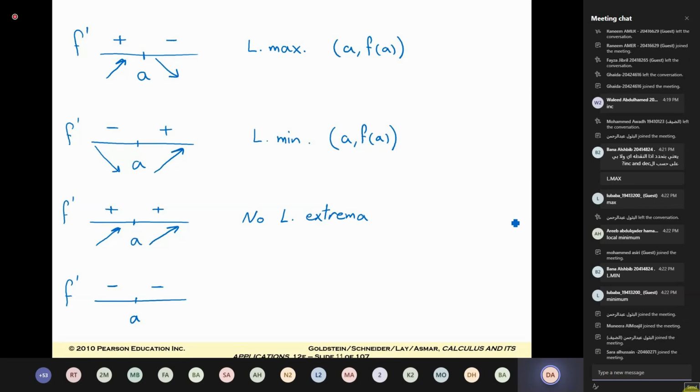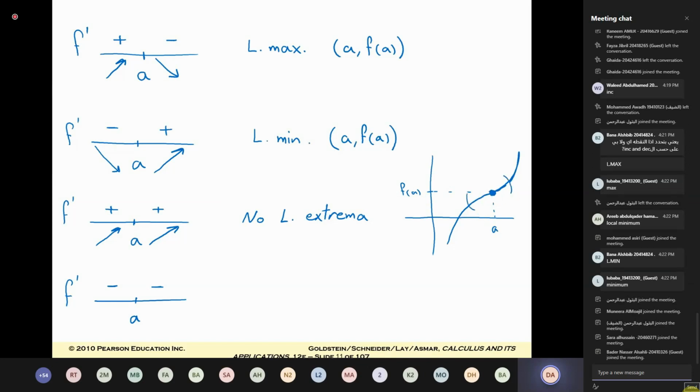For example, sometimes we have a critical point at A, but it continues to increase from left to right. Look at the points around it. Around the point, we don't have a maximum at A and f(A) compared to points on the left and right.